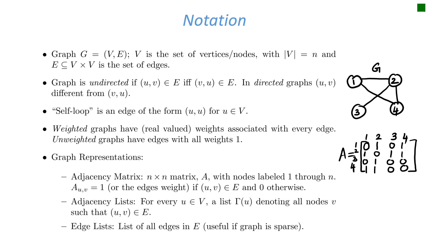For the adjacency list, it's simply a list where for every node, I list all its neighbors, Gamma(u). By neighbors, I mean all nodes v such that (u, v) is an edge. So for example, the adjacency list for this graph would be as follows. I list all the vertices 1, 2, 3, 4.